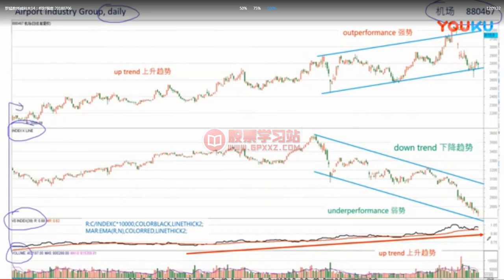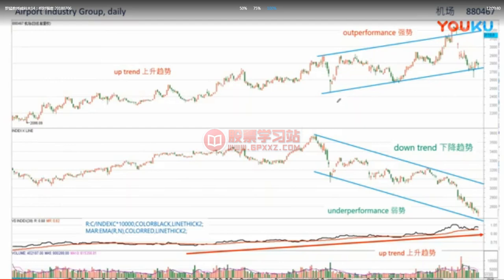So let's talk first about the reasons for our relative or comparative analysis. I want to point your attention to the latest price action that we see in the airport group, which is higher highs, higher lows. And then look at what the market is doing.